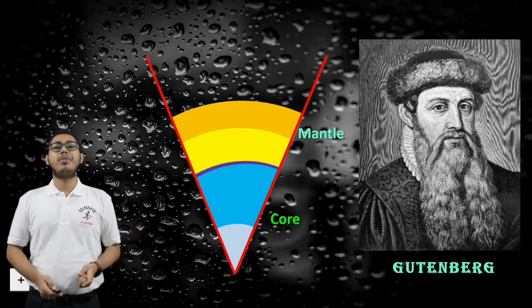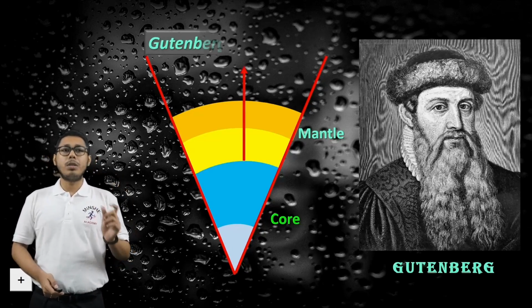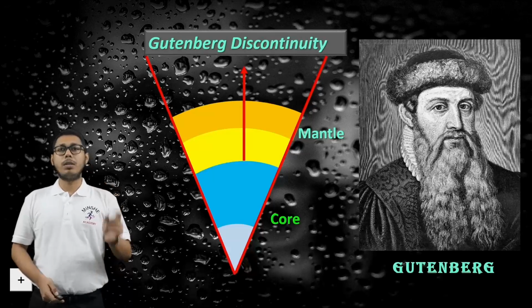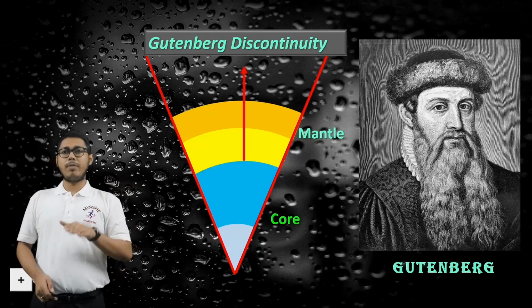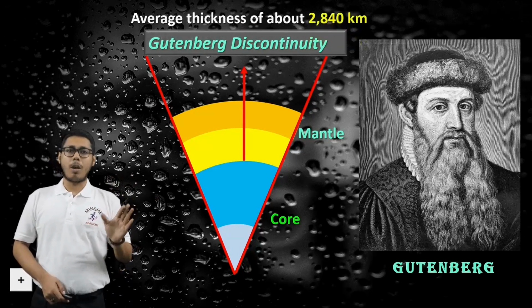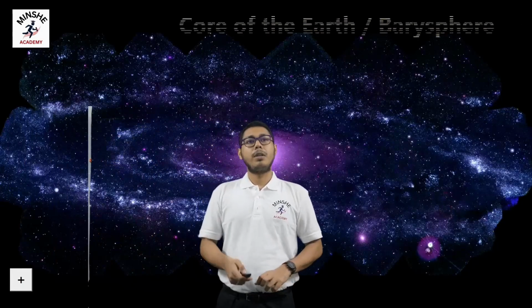So the name of the discontinuity is Gutenberg discontinuity, and it is at a depth of about 2840 kilometers, right?